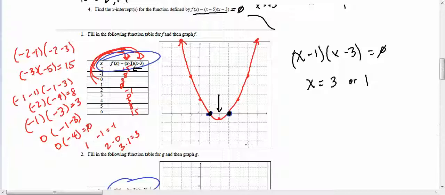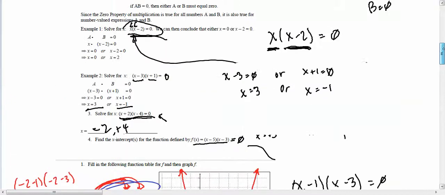That's what we're solving for. We're solving for the x-intercepts here. So when I ask you to solve this parabola over here, this is describing where the x-intercepts are. Where are the x-intercepts of this parabola? 3 and negative 1. Where are the x-intercepts of this parabola? Negative 2 and 4. Does that make sense?